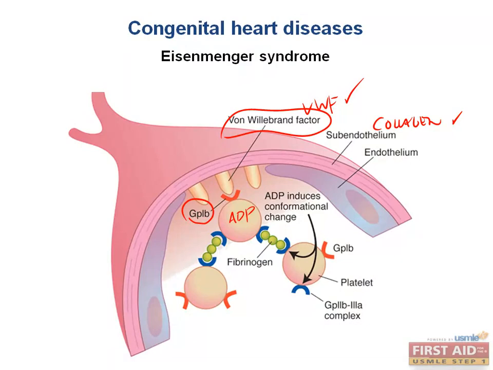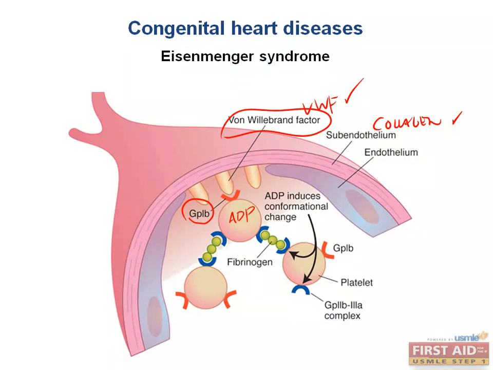So let's say we do activate these purinoreceptors, or ADP receptors, on the platelets because we induced ADP release by binding GP1B with von Willebrand factor. What happens? Well, we get an increase in intracellular calcium and we get a conformational change and a continued production of ADP. Conformational change you always hear about just means that we change the surface of the platelets.